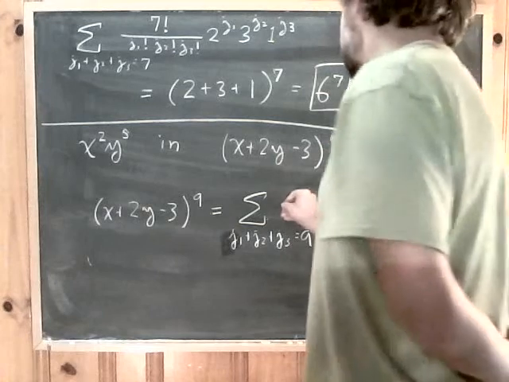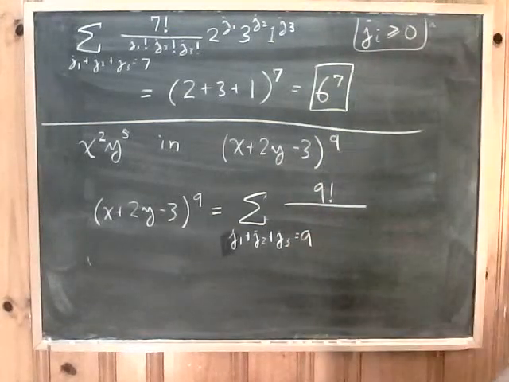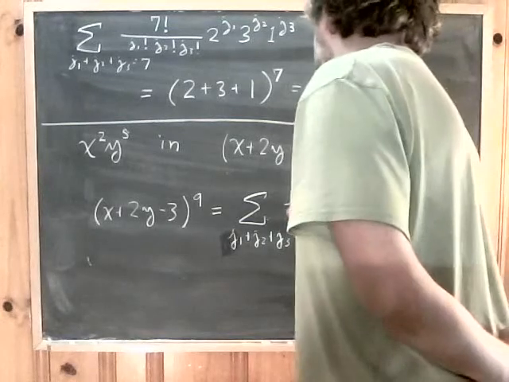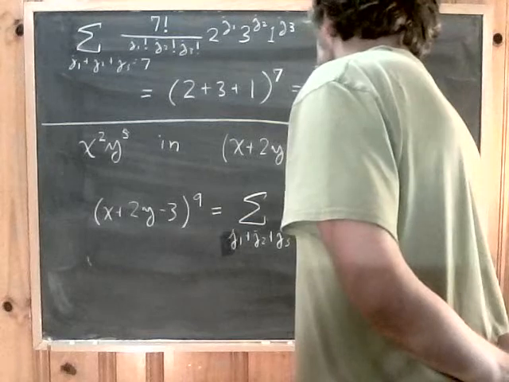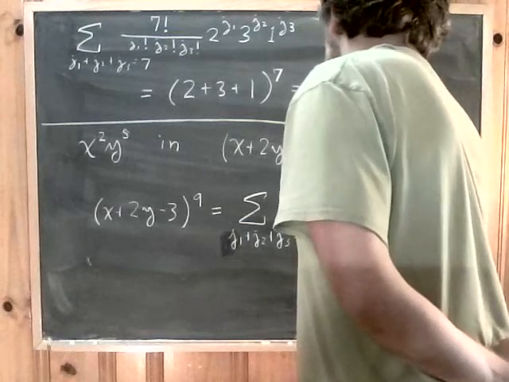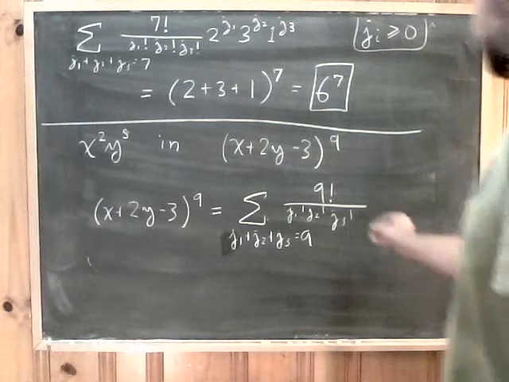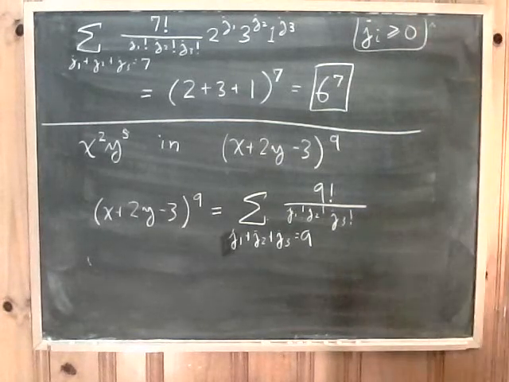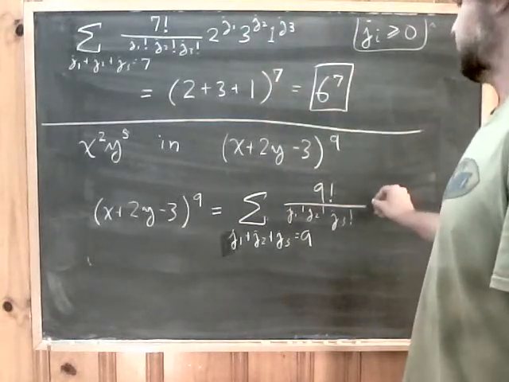And so inside it will be again 9 factorial. 9 and 9 have to match. And j1 factorial, j2 factorial, j3 factorial. I want to know what those j's are in order to get the coefficient. Well, then I see where they came from. They're going to be the powers on this. But I'll go ahead and finish it out.